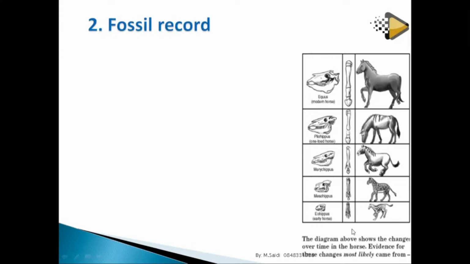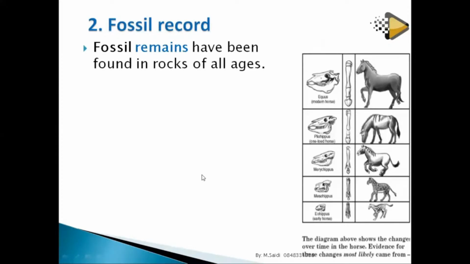If you look at this horse, you find the skulls in different strata of soil. Strata means layers in science. When you say stratum, it means layer, and strata means layers. So in different strata, you'll find that the simple will be in the lower layers and the more complex one will be in the upper layers.